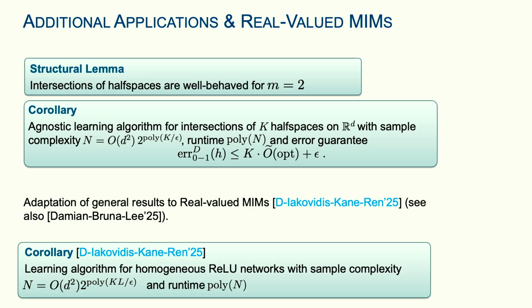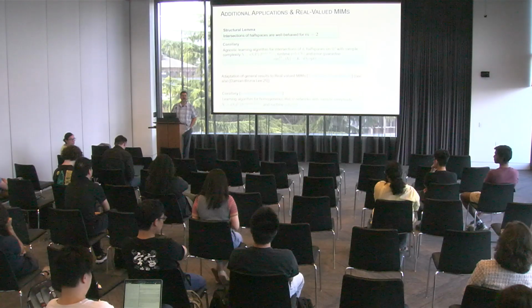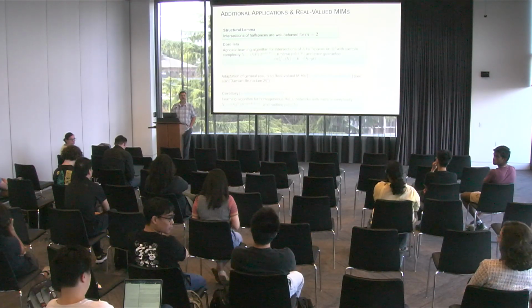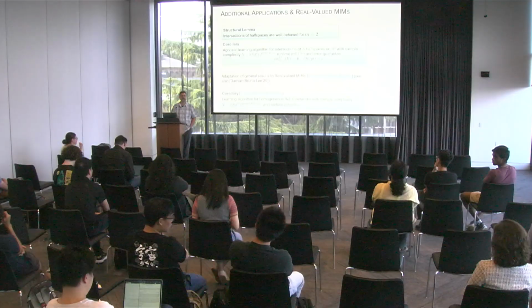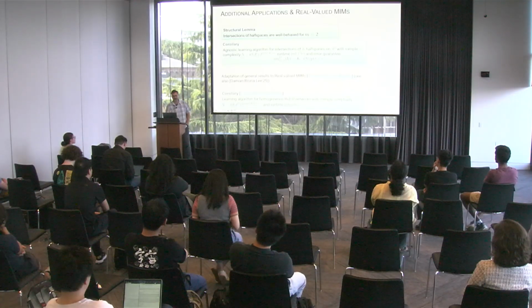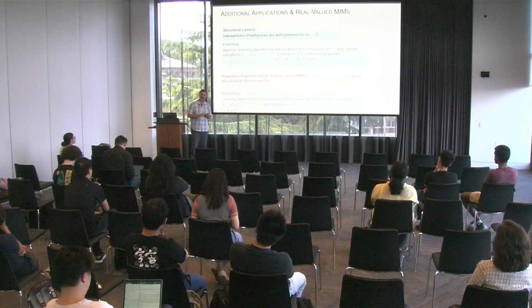All right, if there are no more questions on this slide, I'll just wrap up. Yeah. What are the general conditions under which sample complexity becomes polynomial in D and K? So the sample complexity, if you do not care about computation, is polynomial in D and K. Under computation, we know nothing.